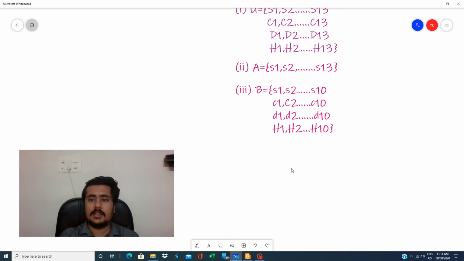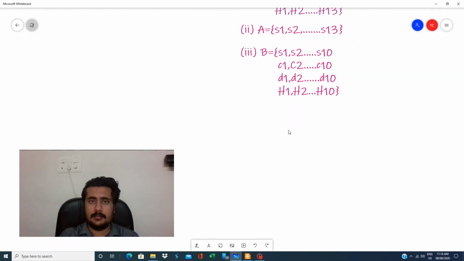So these are event B, the non-face cards. 40 non-face cards are there. You can see 10, 10, 10, 10, 40.